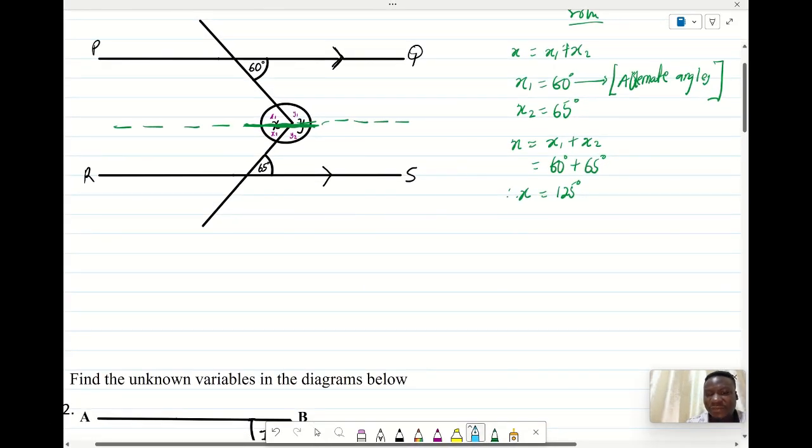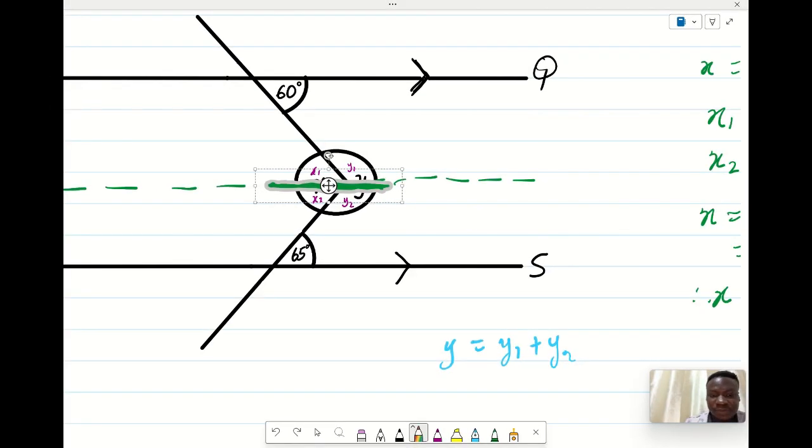Let's deal with the value for Y. We also said that Y will be equal to Y1 plus Y2. Now, looking at our diagram, if this side is 65 degrees and angles on a straight line add up to 180, it means when we take 65 degrees from 180, the remaining should be the value of the left-hand side.